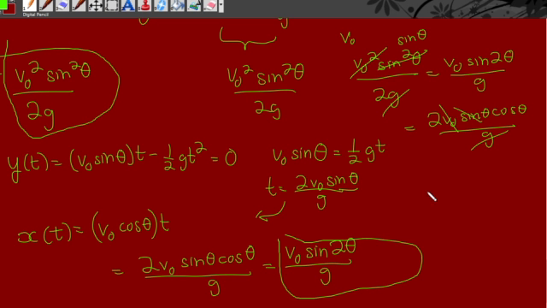And we get cosine theta is equal to 1/2 v naught sine theta, which means 1 is equal to 1/2 v naught tan theta, and so theta would just be the arctangent of 2 over v naught.